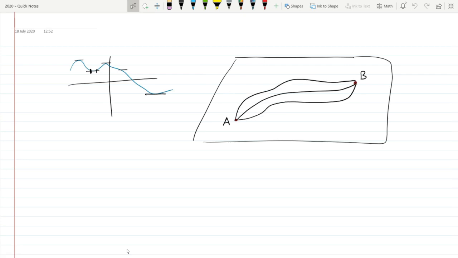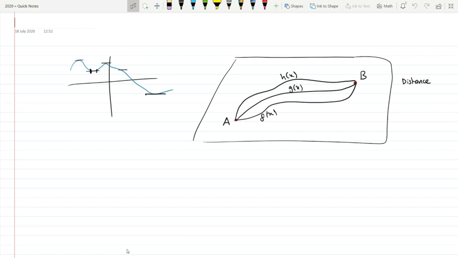What function out of many different functions that I could have? This could be some line that's f of x, this could be g of x, this could be h of x. Out of all of these functions, which function minimizes the quantity that we're trying to study? It could be distance.